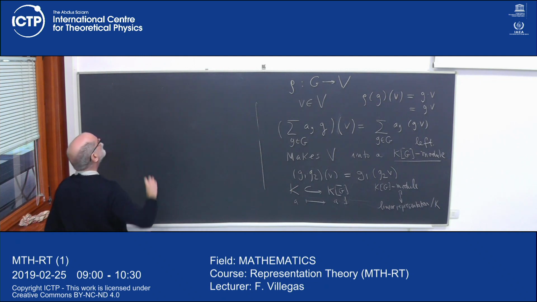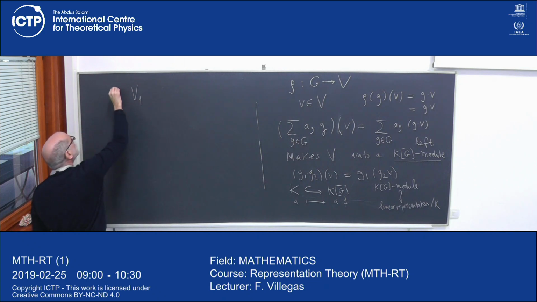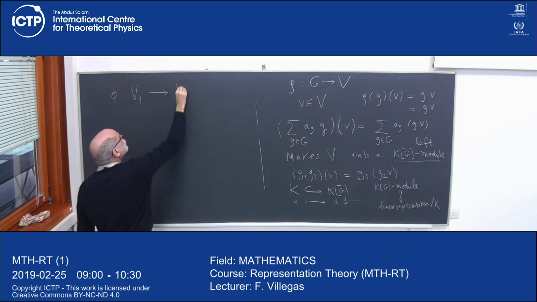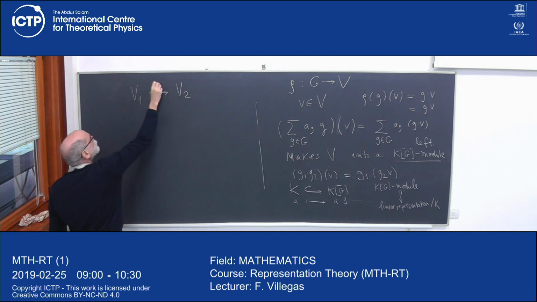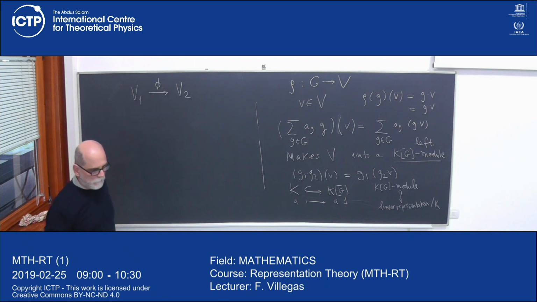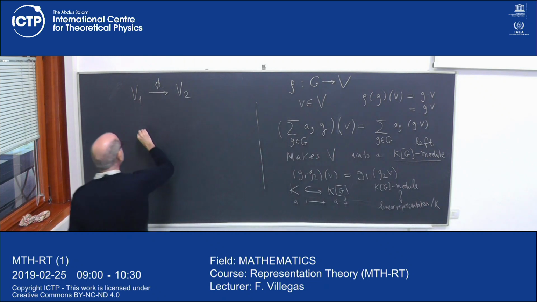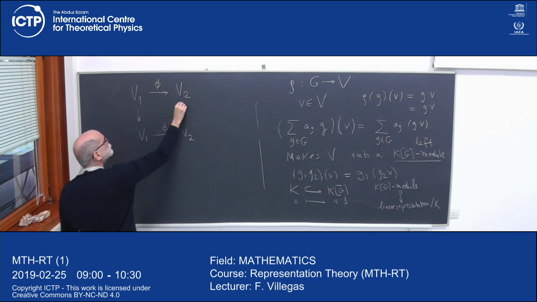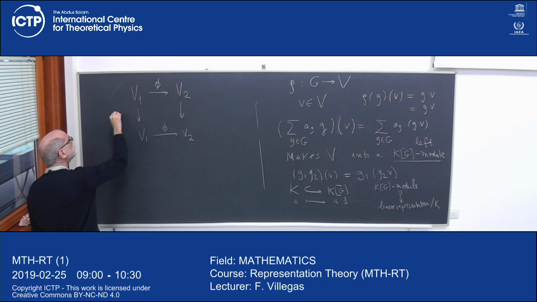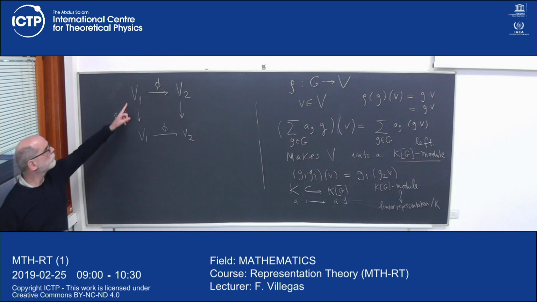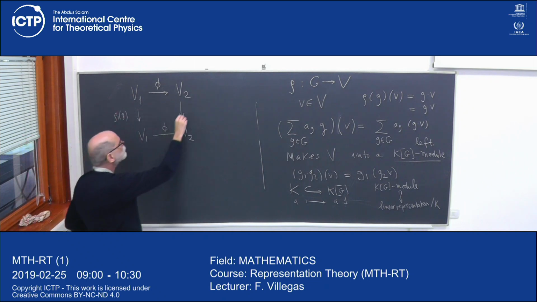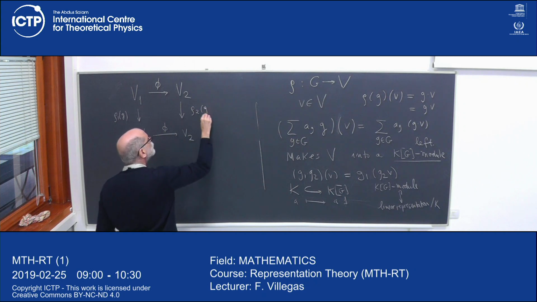So if you have two representations, V1 and V2, we can just talk about a map between representations. I'm going to use rho 1 to indicate the representation on the vector space V1 and rho 2 on the vector space V2.